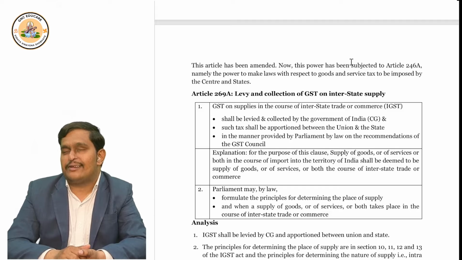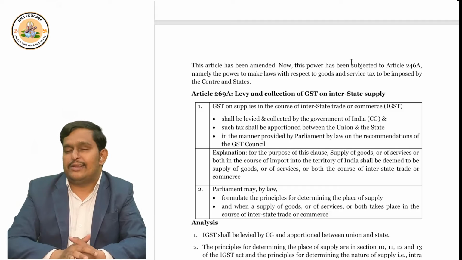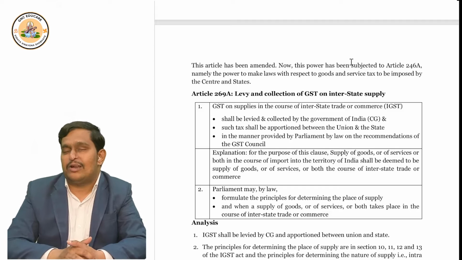But whenever we discuss 246A, please remember 246 will not apply, 254 will not apply. So this GST is beyond the powers of 246 and 254. The powers are in the hands of 246A.